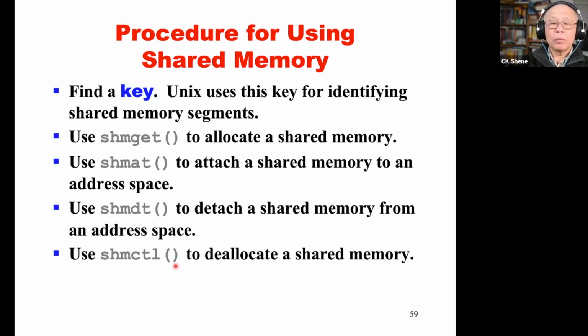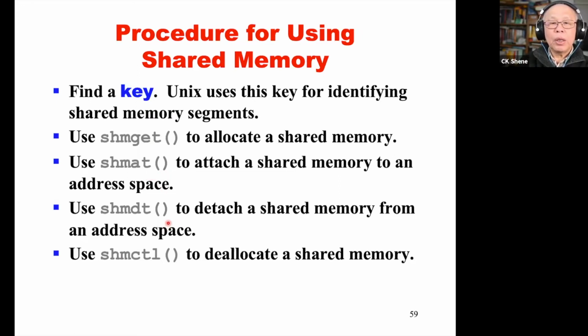system call. So what you need are 5 steps. Find a key, allocate the shared memory by calling shared memory get. Attach the shared memory to your address space by calling shared memory attach.